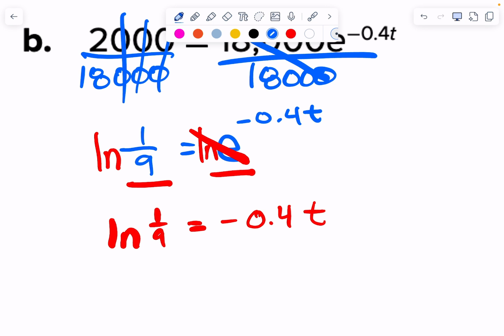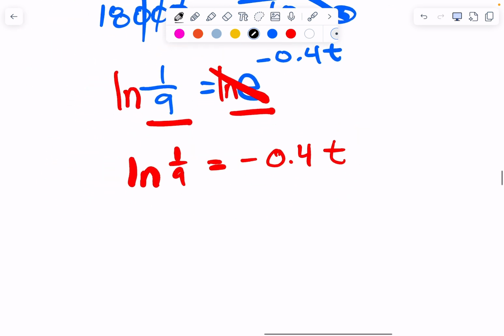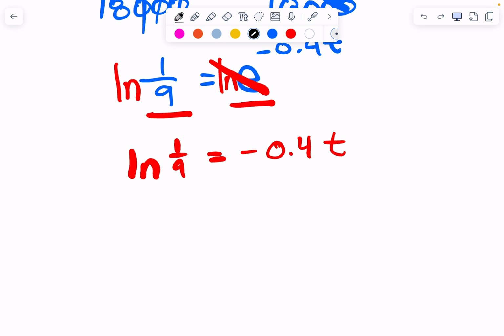If I'm solving for t, divide by negative 0.4. So I'm going to take ln of 1/9, whatever that number is, and divide by negative 0.4.